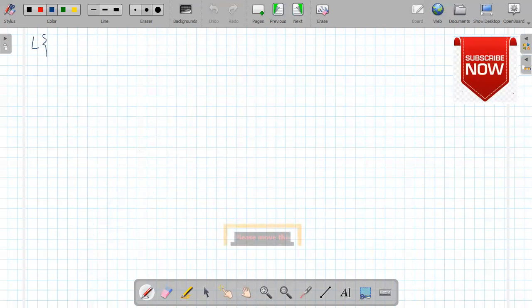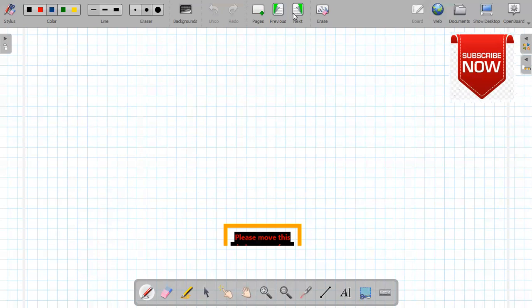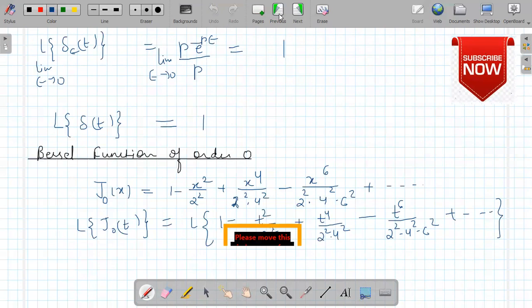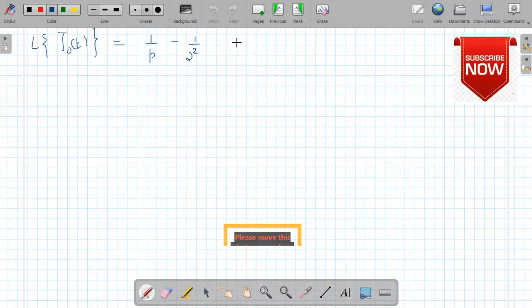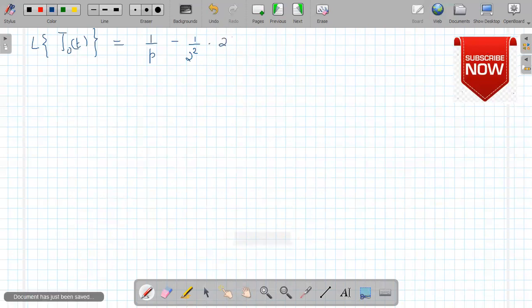So Laplace of J naught t is equal to 1 upon p minus 1 upon 2 square, then Laplace of t square, which is 2 factorial upon p cube. I am solving with the gamma function directly.